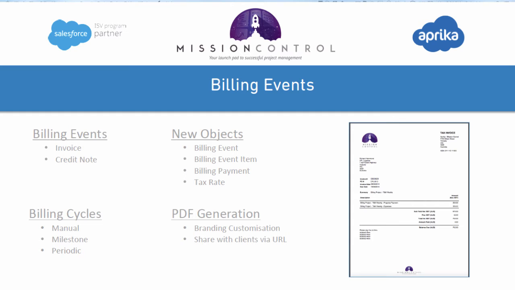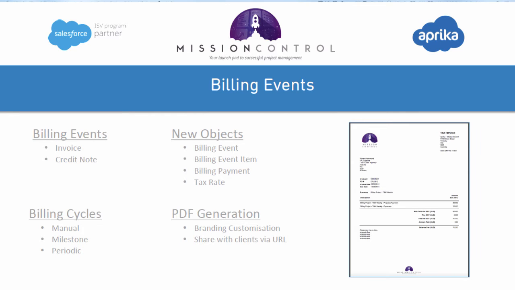The new objects include the billing event, which is the header information of an invoice or a credit note, the billing event item, which is the line item information of individual line items included on an invoice or a credit note, and then billing payments, which allow you to record the individual payments made against particular invoices.